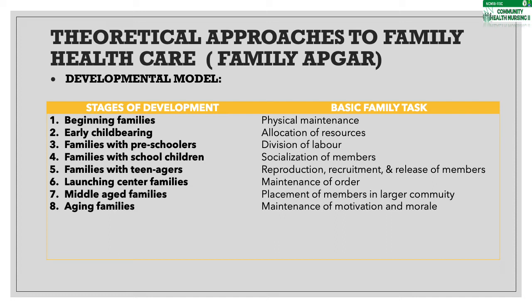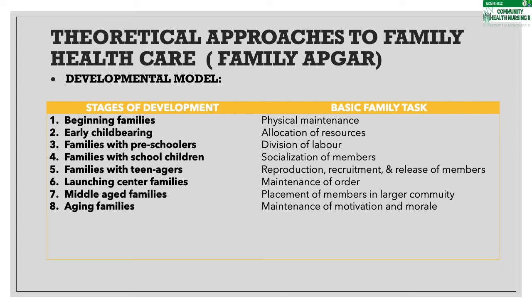So, this developmental model of Duvall is an excellent guide for assessing and analyzing planning around basic family tasks and developmental stages. But this developmental model does not include family structure or the physiological aspects, which should be considered in a comprehensive view of a family. So, it is applicable only to nuclear families with growing children and families who are experiencing health related problems.